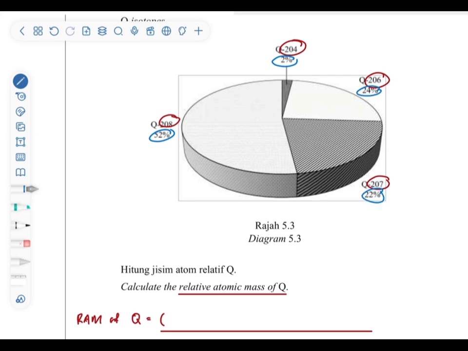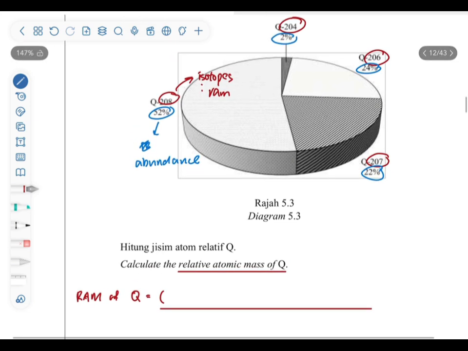The blue color indicates the abundance of the isotope, and the red color is the isotope itself, which also represents the relative atomic mass.